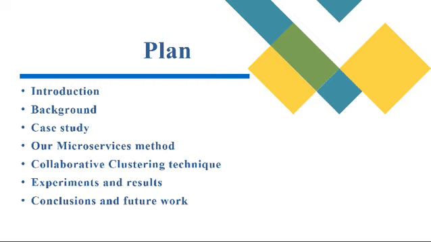Next, I'll focus on our case study, and then we'll consider our identifying microservices methodology. Then, we'll go on to highlight our collaborative clustering technique, and finally, we'll evaluate the findings from our experiments before concluding the study and briefly raising some future research directions.